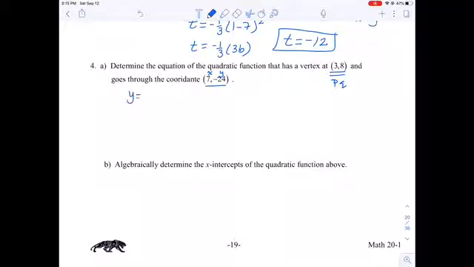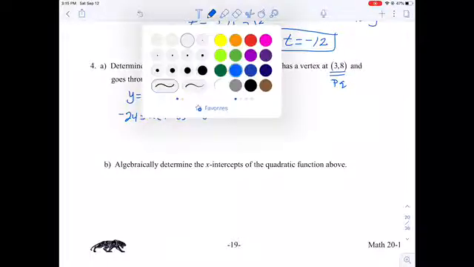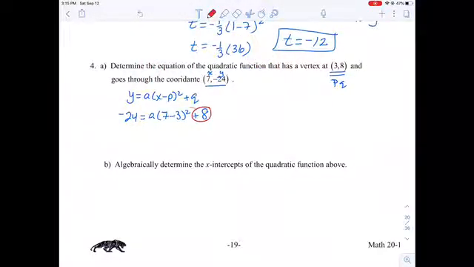I'm going to start with my equation, y equals a(x minus p) squared plus q, and I'm going to plug in negative 24 for y, x is 7, p is 3, and q is 8. So I'm just solving for a. I'm going to subtract 8 from both sides, or in other words, we're going to move over the 8.